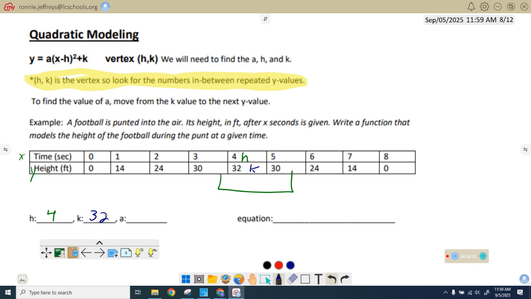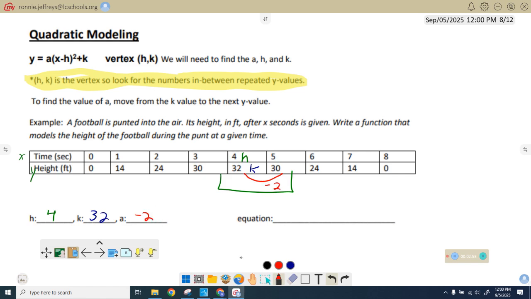Now, how to get the A value? You start from K, move to the next number. That will give you your A value. So if we start at K, which is 32, we go over here to 30. What happened? How do we get from 32 to 30? -2.